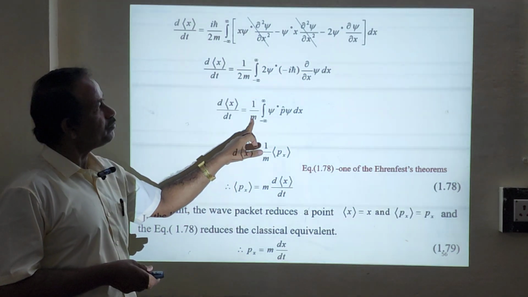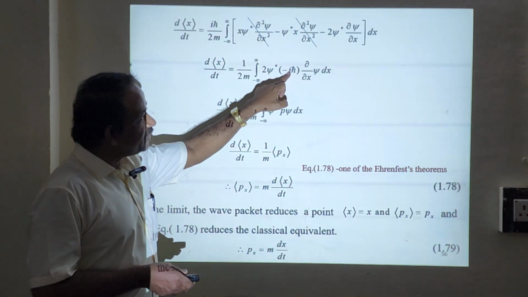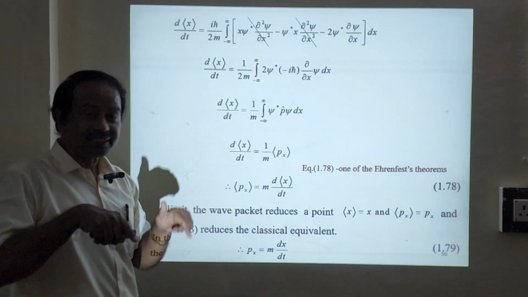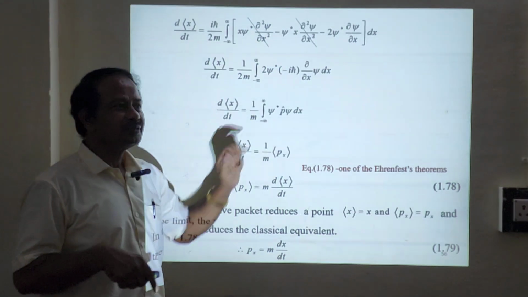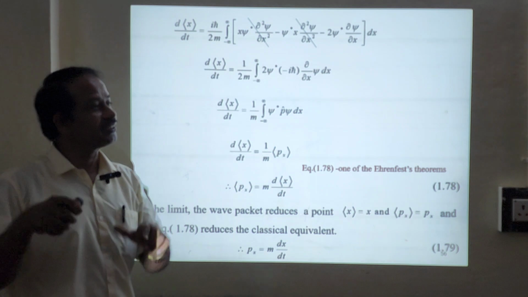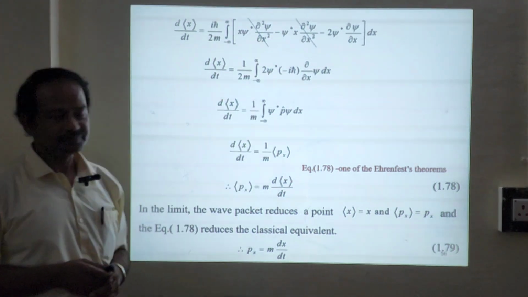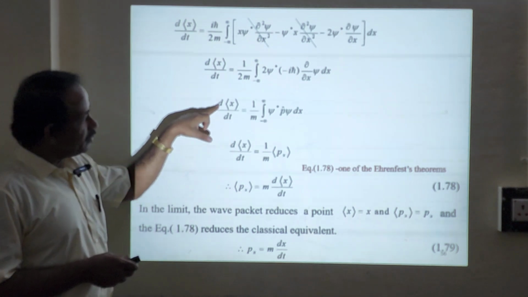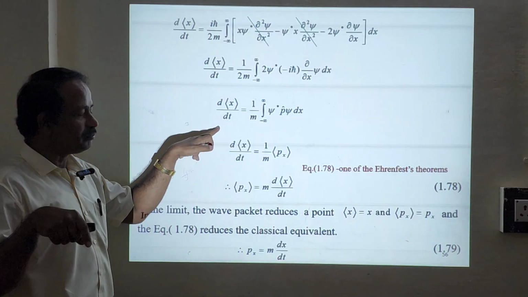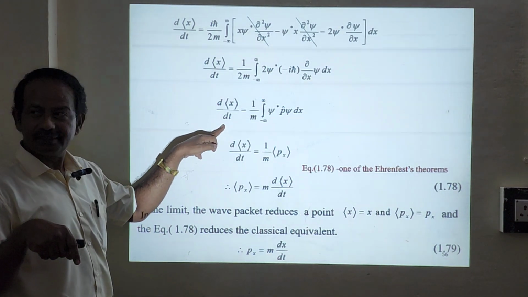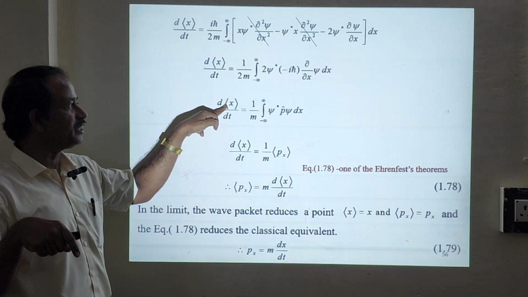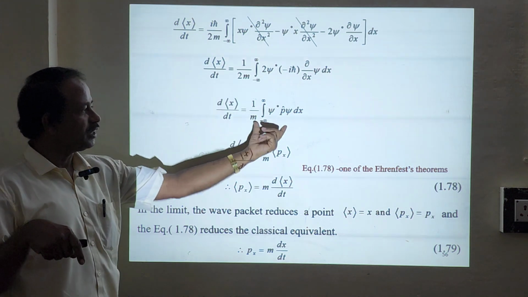You have 1/m ψ* (minus iħ d/dx). Minus iħ d/dx is p. p equals minus iħ del. So we can replace this term with p. Okay, so the expectation value of dx/dt, the time derivative of the expectation value of x, that will be 1/m of this term.